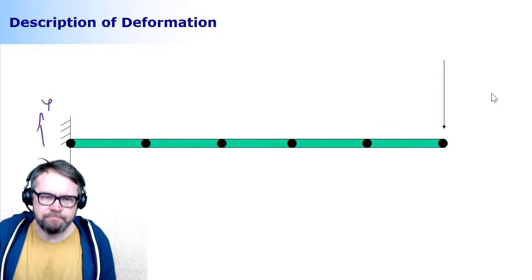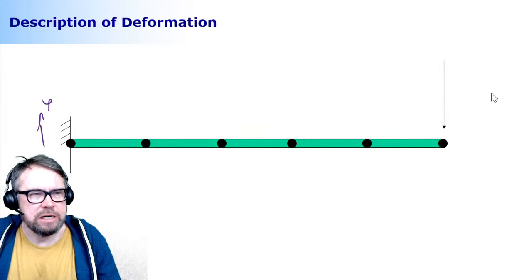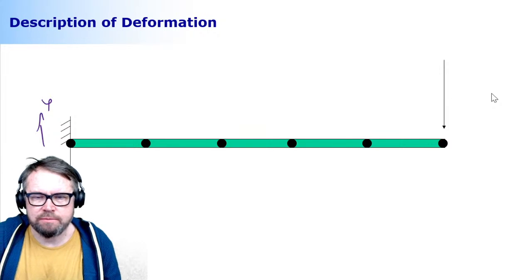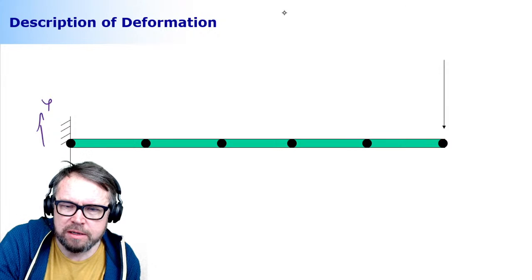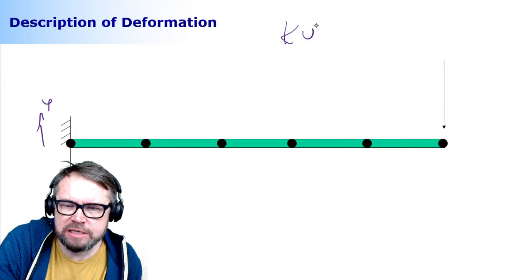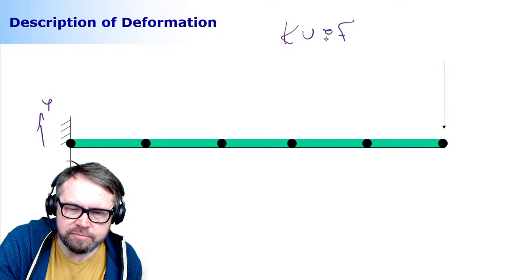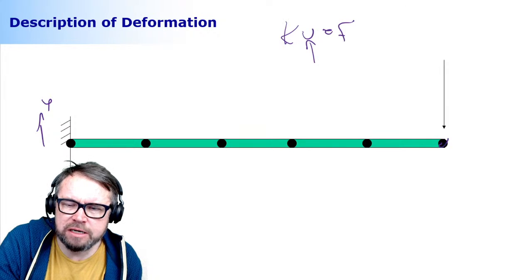Okay, now, the conventional way to solve this static problem would be to solve this equation. And in this equation, the nodal degrees of freedom will be associated with each of these nodal locations. Each of these nodal locations has 2 degrees of freedom.